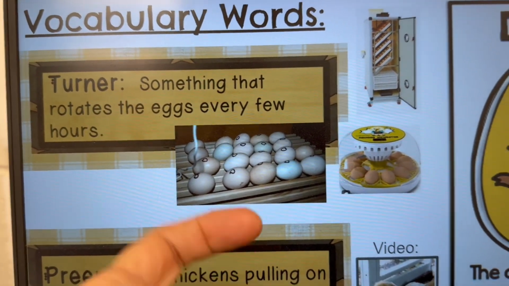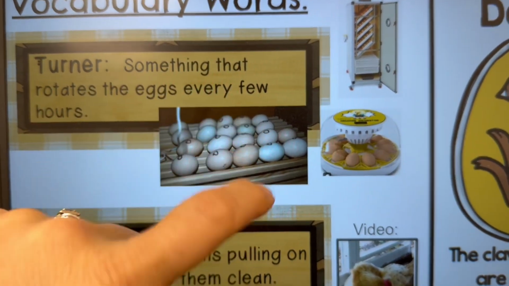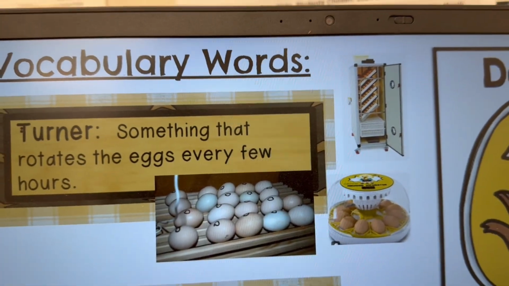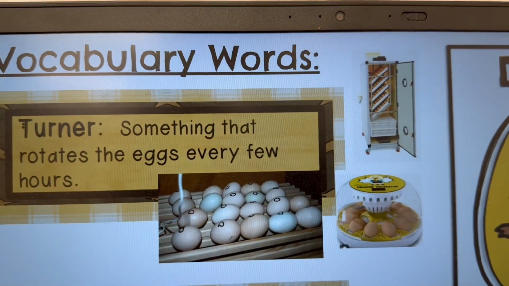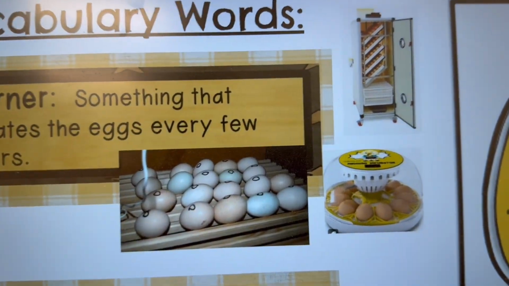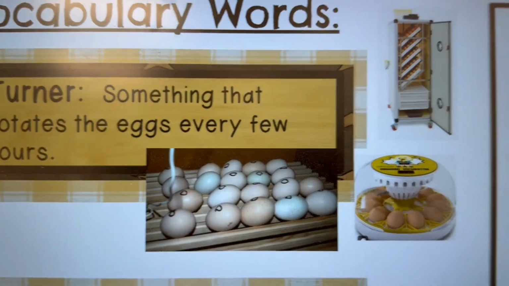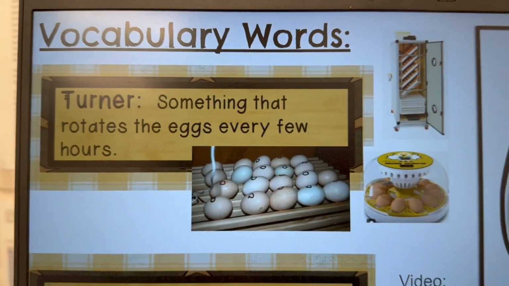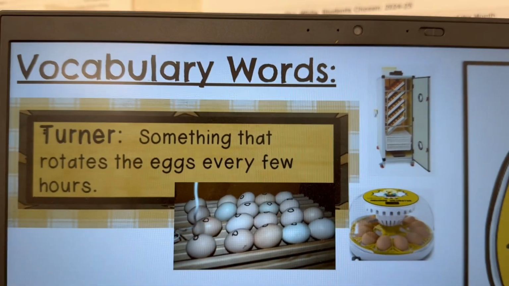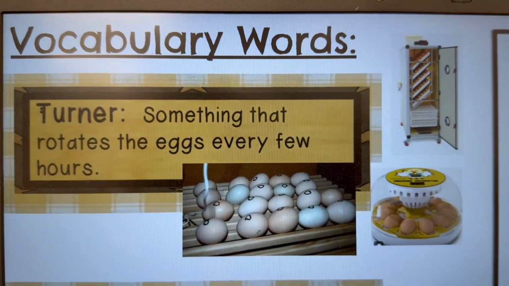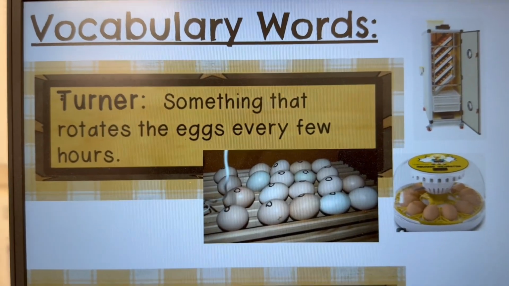That's why it's so important to rotate the chicken over about 3 times a day. And in nature, what happens is she gets up to go get food, water, go to the bathroom, and she scratches her talons back. And when she does, she rotates all of the eggs herself. Isn't that amazing? All right, so our word today is turner. Try to use that in your writing. Something that rotates the eggs every few hours.